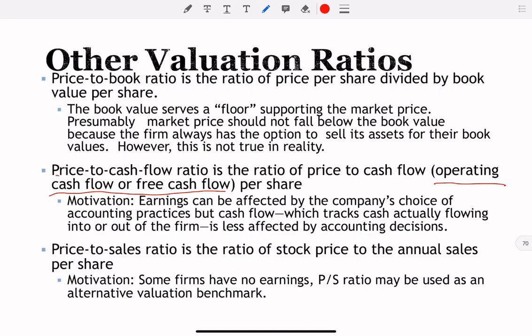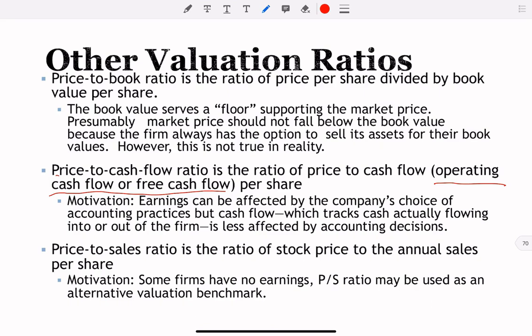This basically tells you that the measurement of cash flow is more accurate, right? So if you use price to cash flow ratio, you could potentially get a more accurate measure. This is also useful when you're investing in some developing market, because sometimes in those markets, accounting numbers are actually not accurate. So in this case, you want to think whether cash flow will give you a more accurate result.